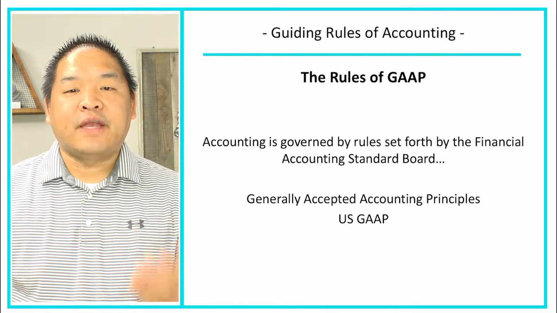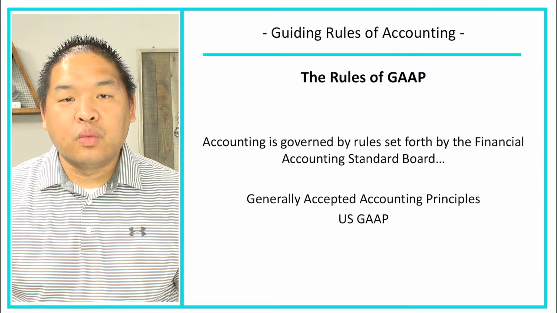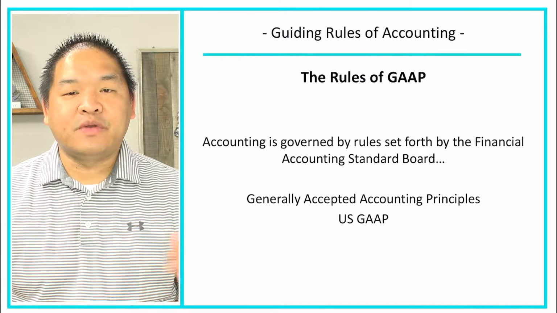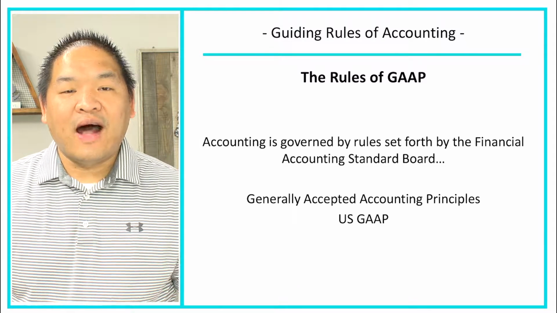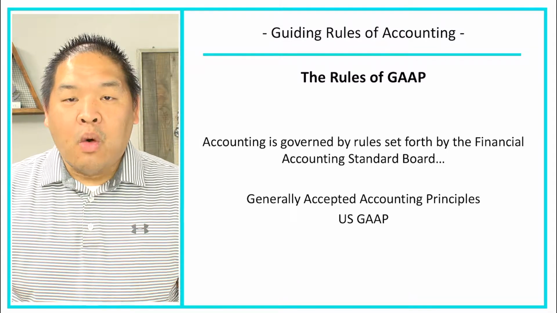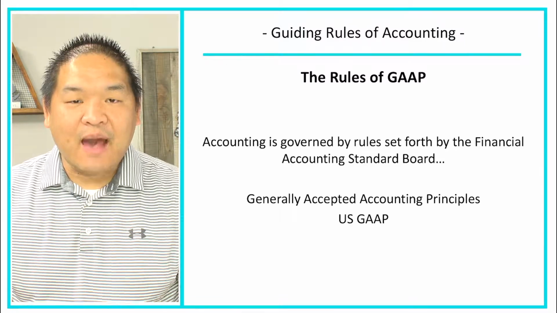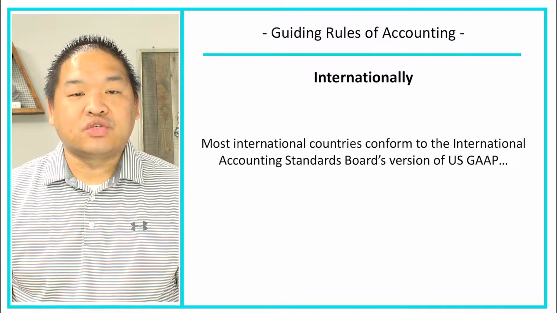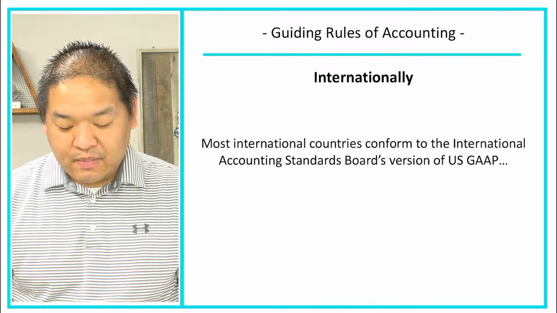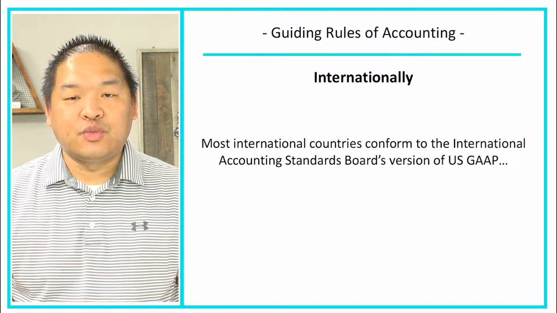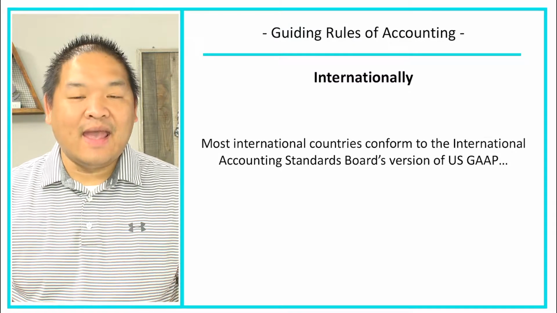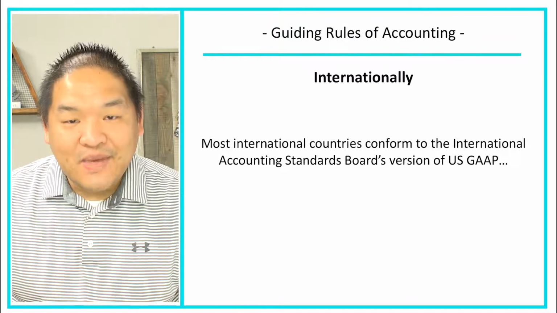Now, there are different GAAPs for different places in the world. We talk about US GAAP, United States GAAP, but there are other types of GAAP. One of the biggest is not US GAAP, but it is international, and it's developed by the International Accounting Standards Board, or the IASB.